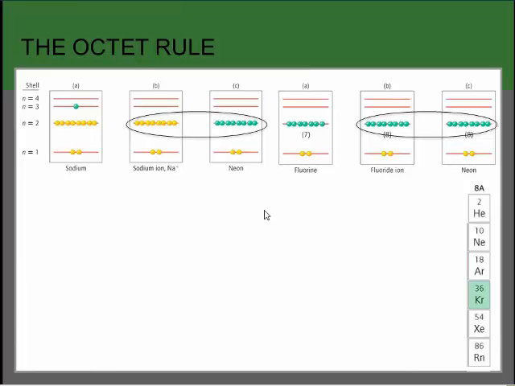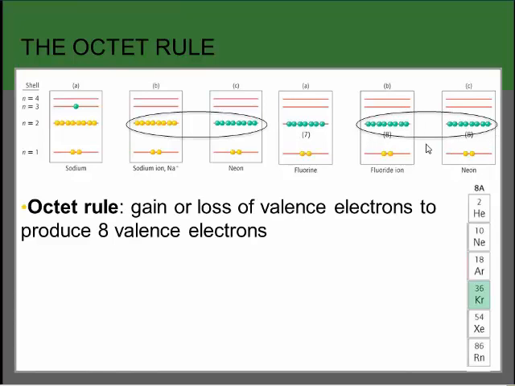And this is called the octet rule. The octet rule because typically a valence shell consists of 8 electrons, or a full valence shell has 8 electrons. So sodium had 1 electron, it lost it, so its valence shell is now the n equals 2 shell, and that has a full valence shell just like neon. Fluorine started off with 7 valence electrons. It gained 1 more to become fluoride with 1 minus. That has a full valence shell like neon.